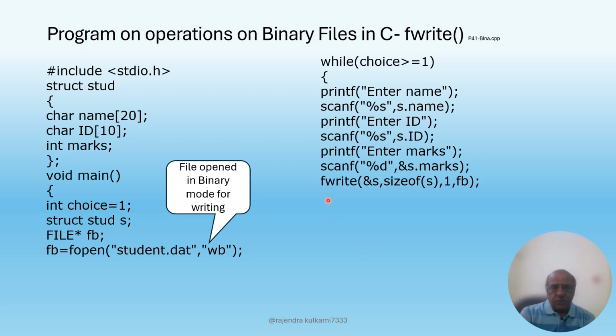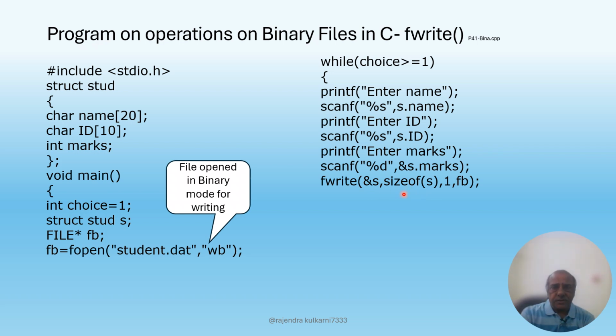Then we use the fwrite function. Fwrite into the bracket and s. What is s? It is a structure variable of type struct stud. We have to associate it with the address of operator ampersand, then comma, then size of s. The fwrite function needs the size of the variable which we are going to write.